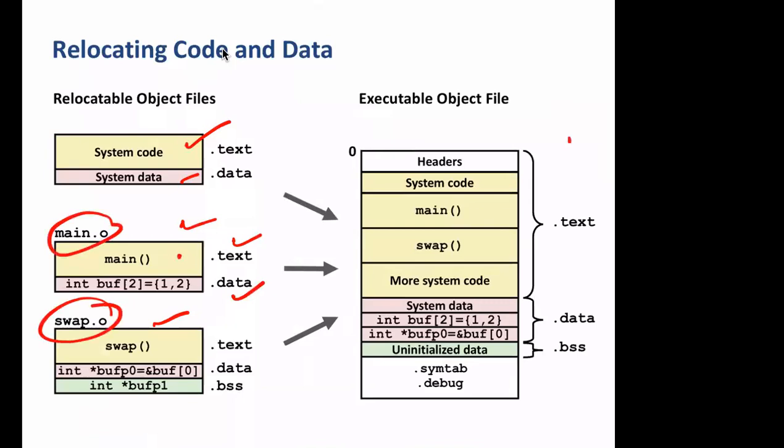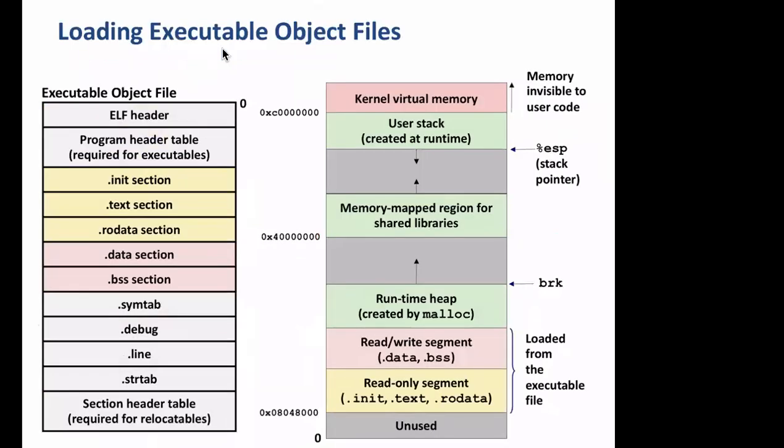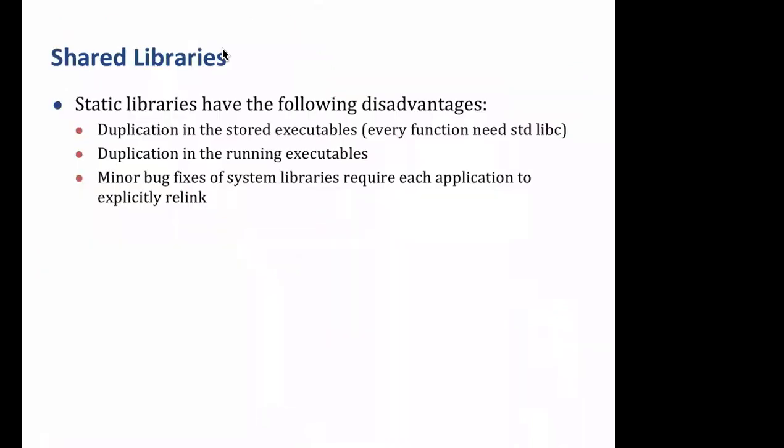We combine these and get one object file. Then when we load this object file into main memory, we get the structure that we have studied: we have the stack, the runtime heap, and then a memory mapped region for shared libraries that we have not studied.